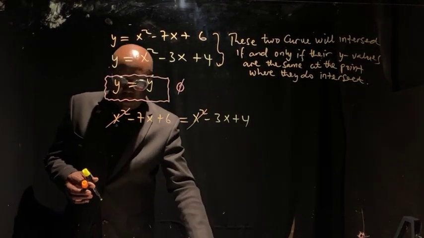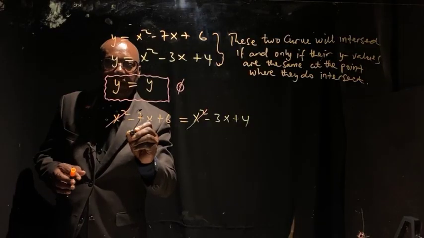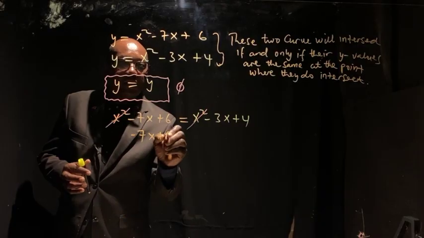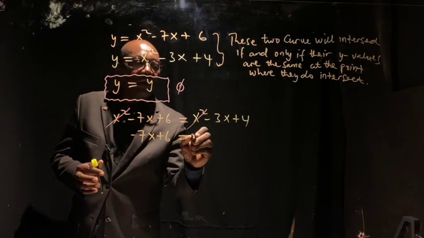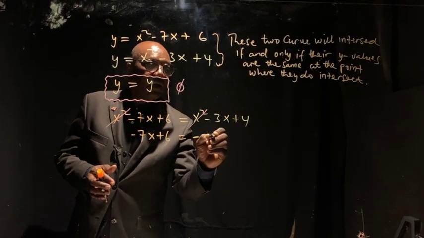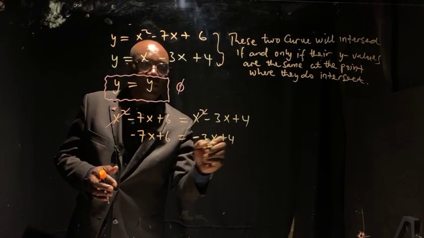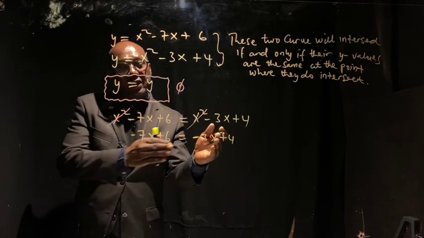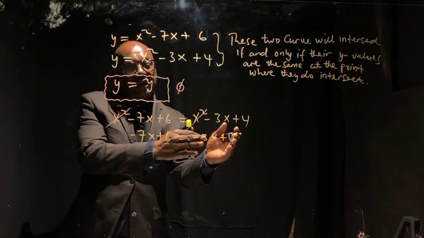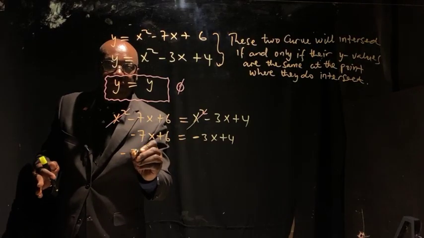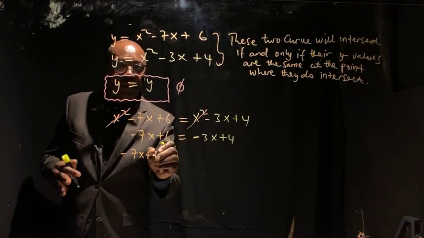Then we will be left with minus 7x plus 6 equal to minus 3x plus 4.